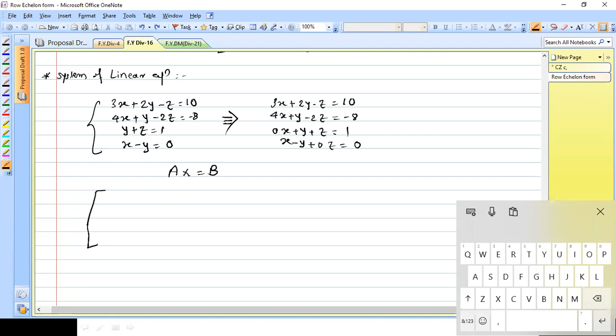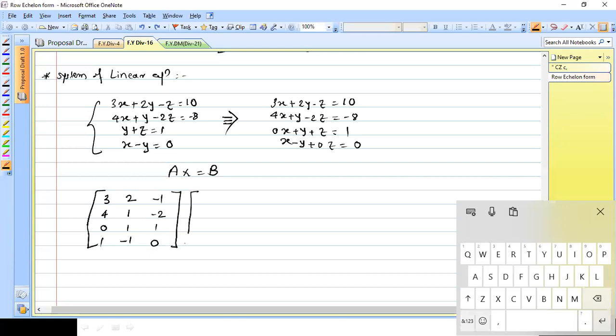The coefficients of x are 3, 4, 0, 1. For y, they are 2, 1, 1, minus 1. For z, they are minus 1, minus 2, 1, 0. So this A is my coefficient matrix.